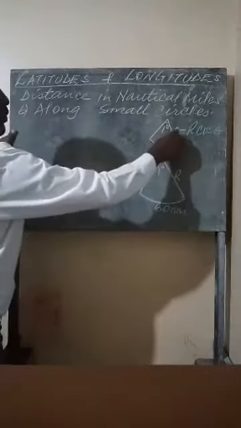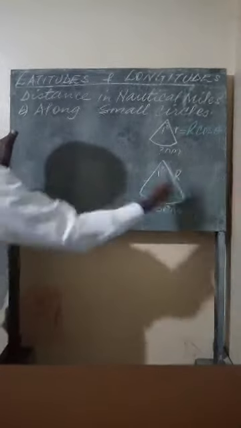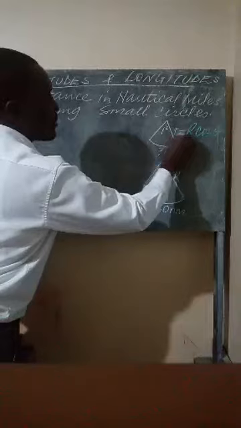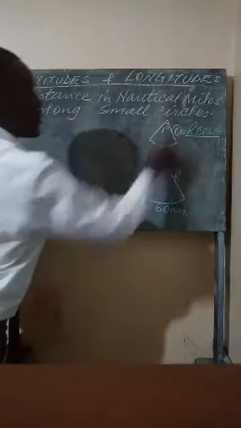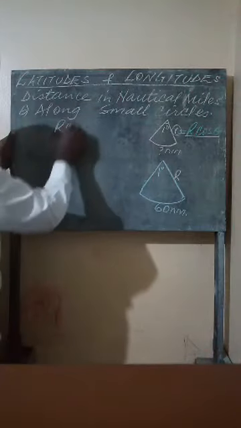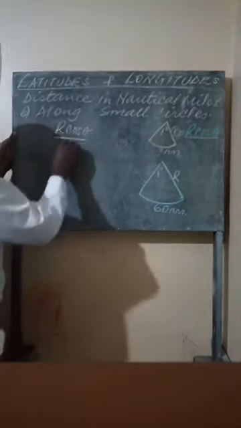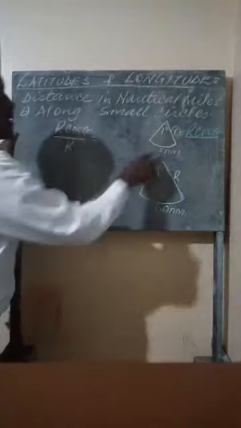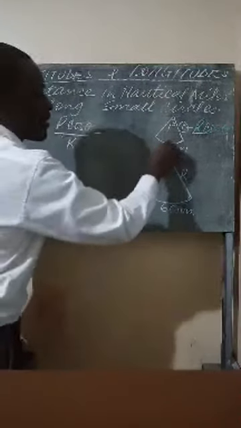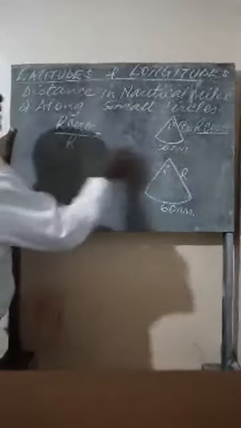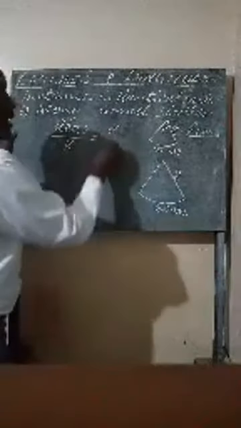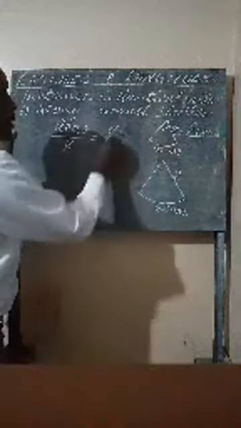And therefore we can say small radius over big radius, that is R cos theta over R, should give us, let's call this distance x because we don't know it, small arc length divided by big arc length.